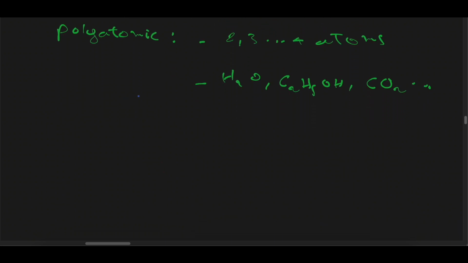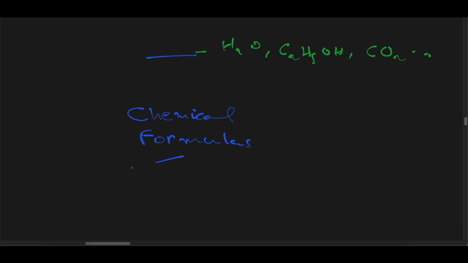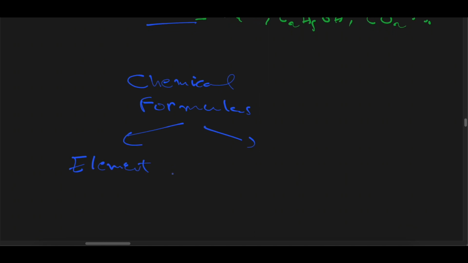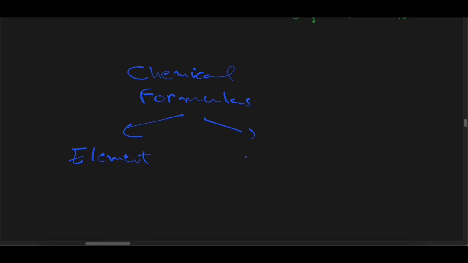So a chemical formula is written in order to show the type of element that is found in the molecule and its numerical subscript in order to show the number of each element.